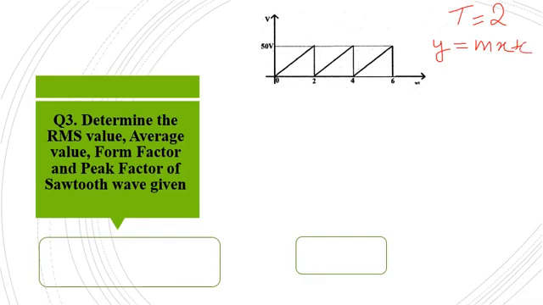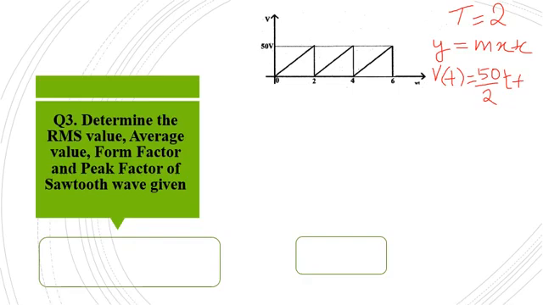where y, in this case, is the value on the y-axis. So on the y-axis I am having V of t. m is the slope of the line. Slope means opposite side by adjacent side, that is 50 by 2, and x is the value on the x-axis. On the x-axis I am marking time t, and c is the y-intercept.